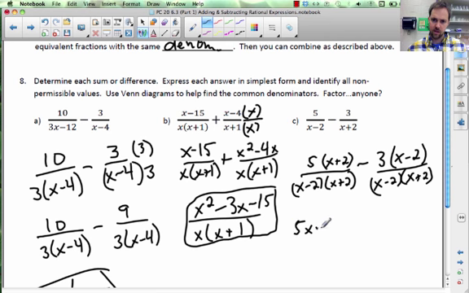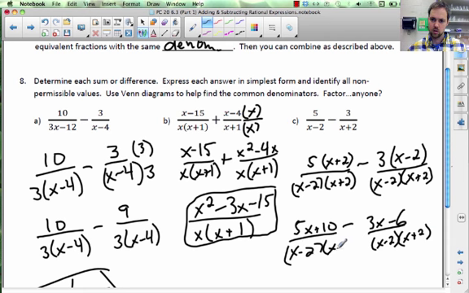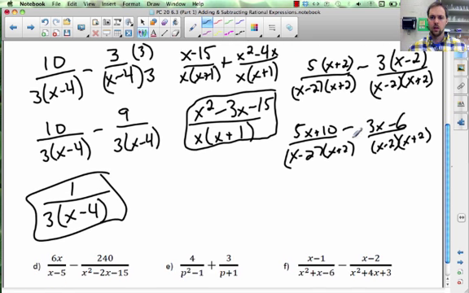So 5x plus 10 for the first one minus 3x minus 6 for the second one, all over the common denominator x minus 2 times x plus 2. And be careful here because this negative gets distributed to both of these.